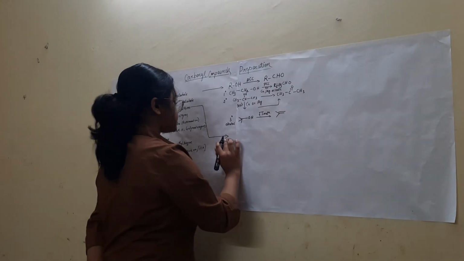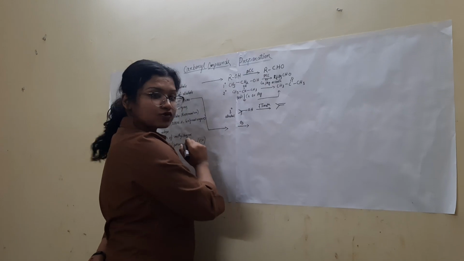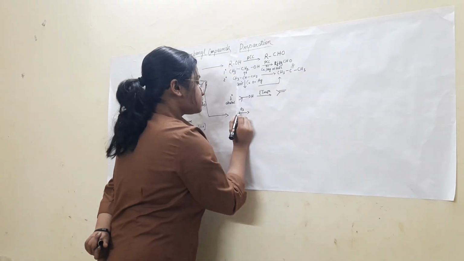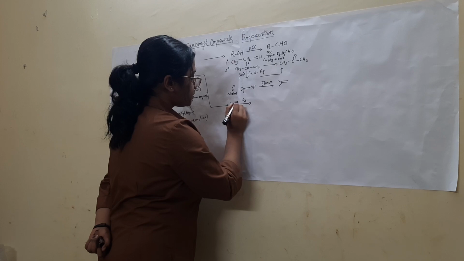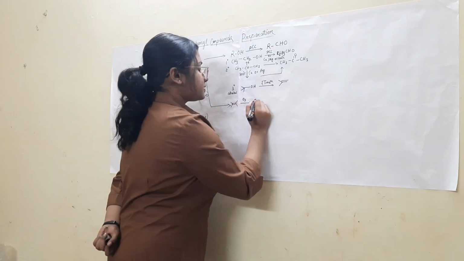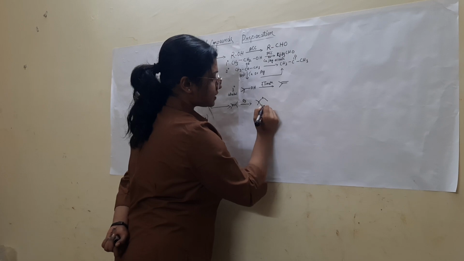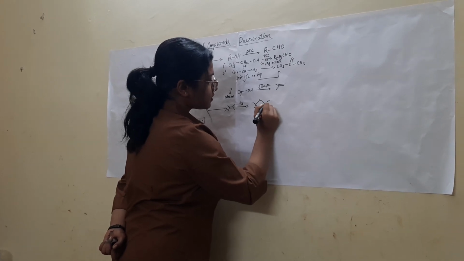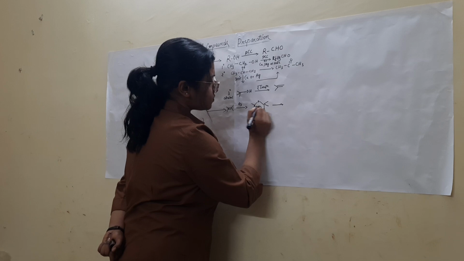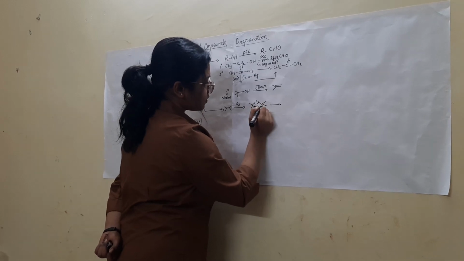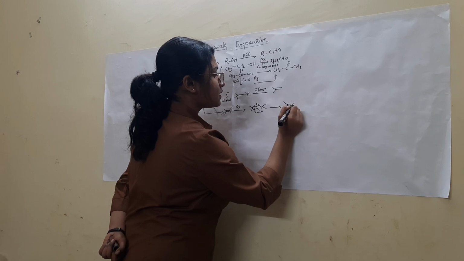So in ozonolysis, we use O3, ozone. So if we take an alkene, for example, this, then it will form an intermediate like this, which will go over a rearrangement and will give ketones.